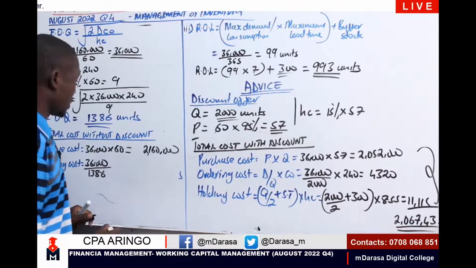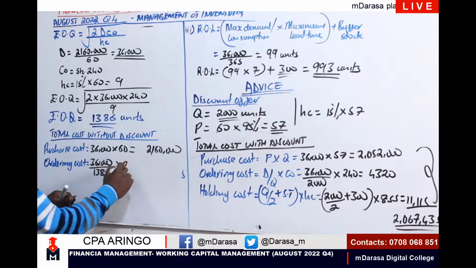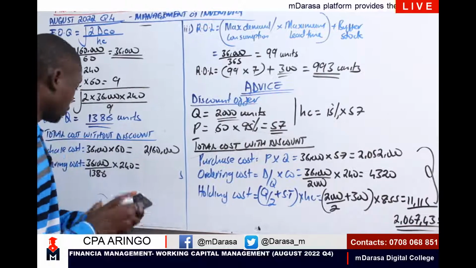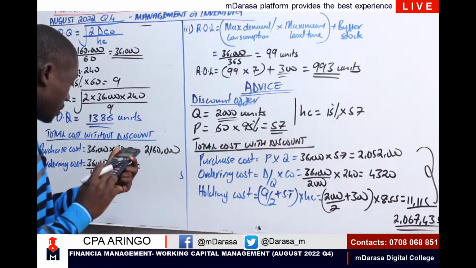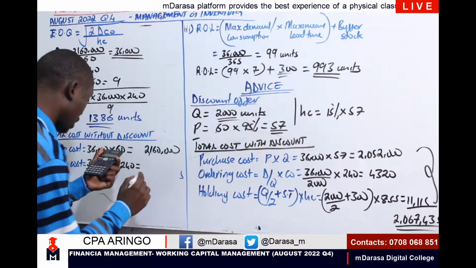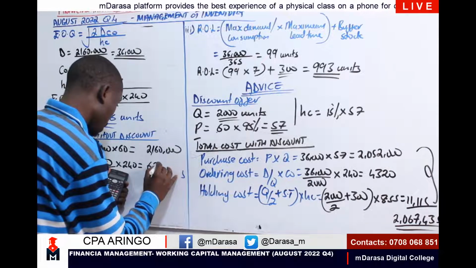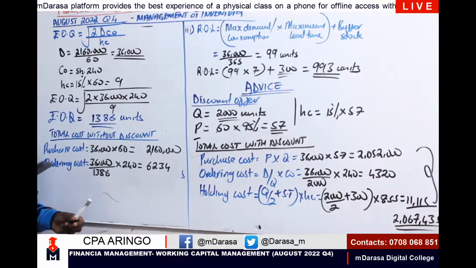I should not forget to multiply this by our ordering cost, which is 240. So 36,000 divided by 1,386 times 240. I'm getting a figure of 6,234 actually.